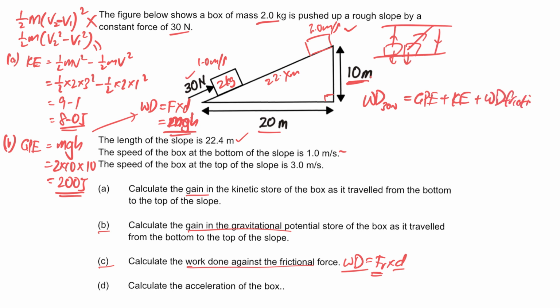If you're able to see this, that would be good. Whatever you put in, some goes to the gain in GPE because of the gain in height, and there's an increase in speed, so there's an increase in the KE, plus the work done against friction. Of course, this is in a way wasted, because it is in the form of internal energy, your heat energy.